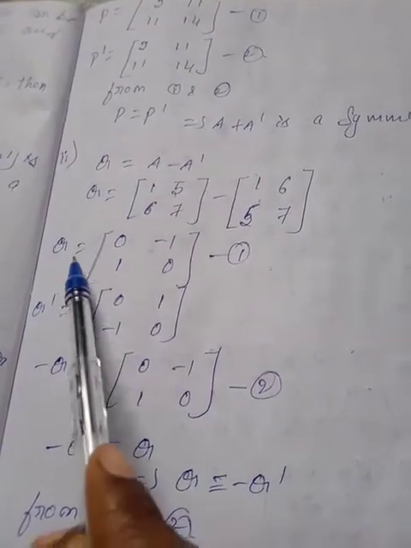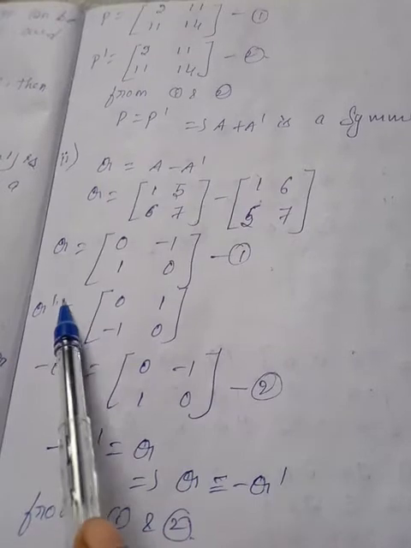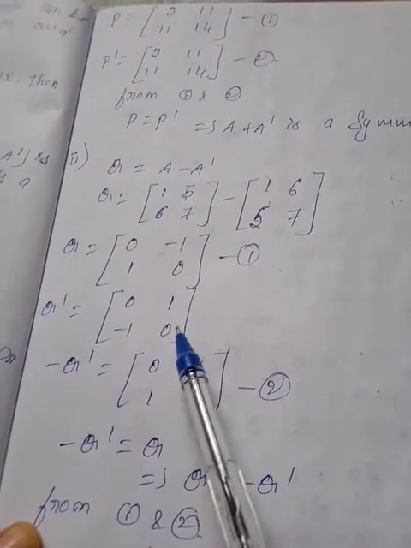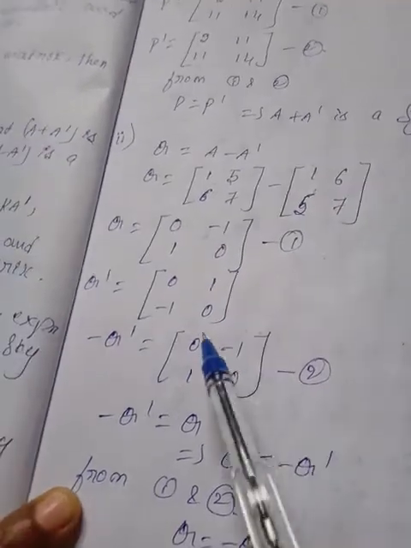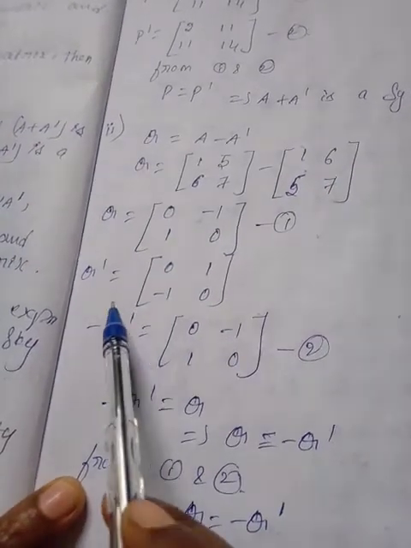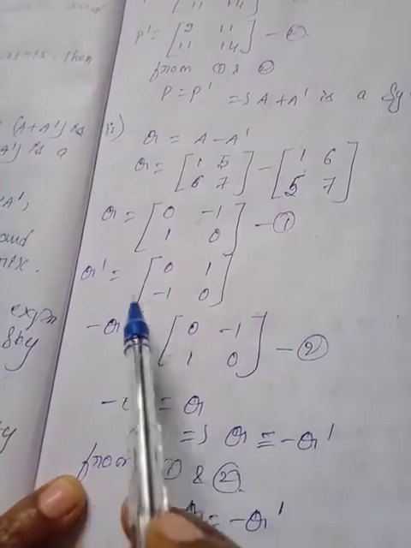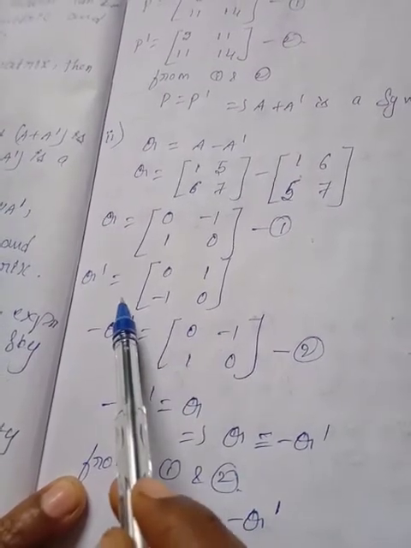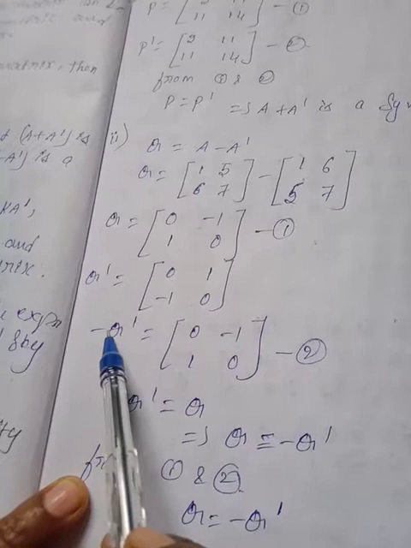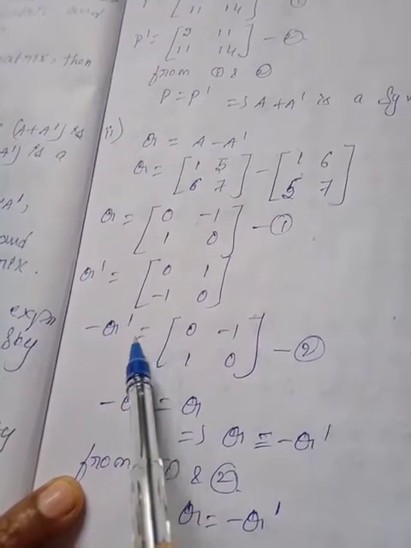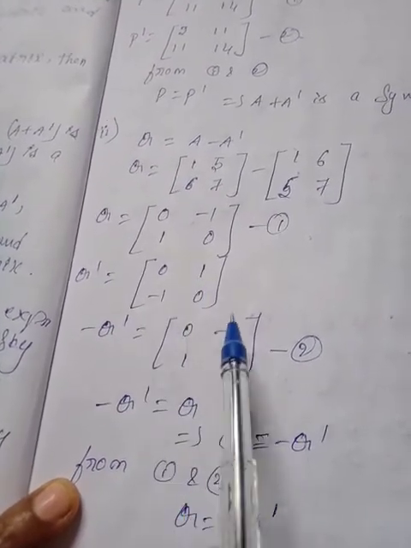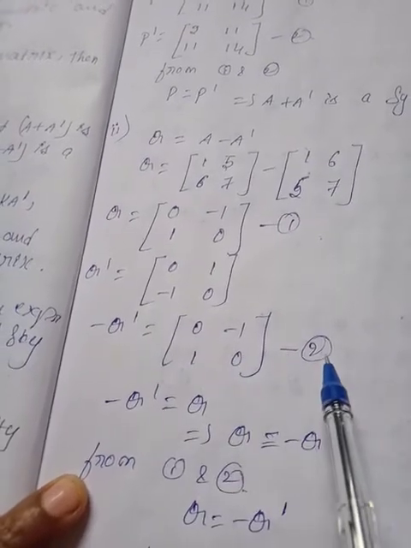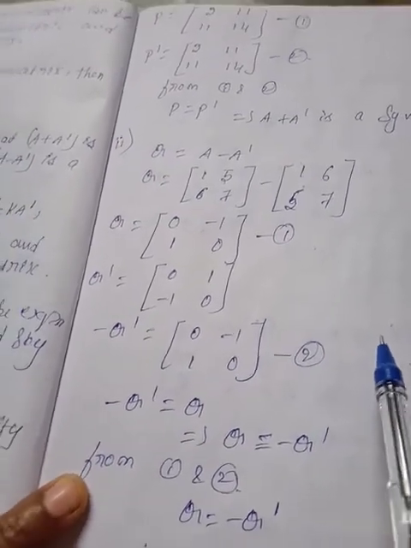Take the transpose of the Q matrix, you get Q transpose. This is your Q transpose. Here multiply by a negative sign on both sides. If you multiply by a negative sign on both sides, then negative Q transpose is equal to 0, minus 1, 1, 0. Call this equation 2.